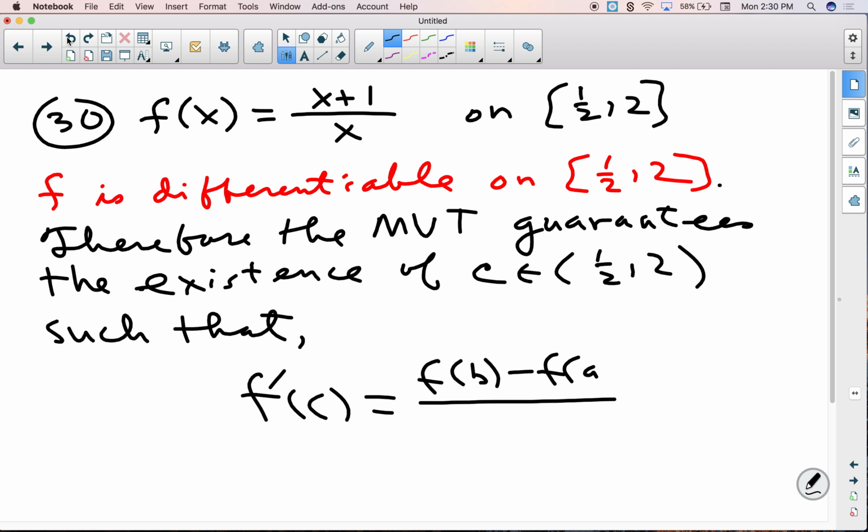Let me use those values, John. f of 2 minus f of a half, all over 2 minus a half. That's what the mean value theorem says.